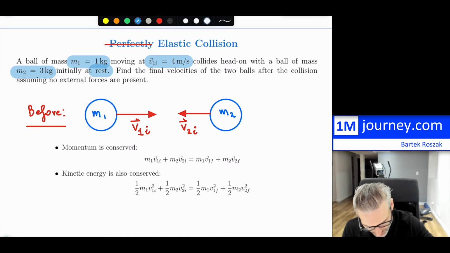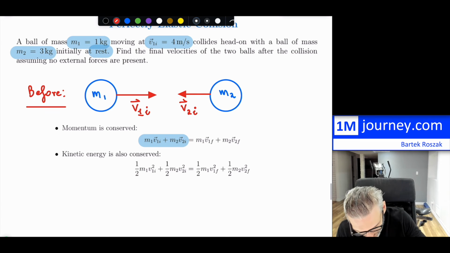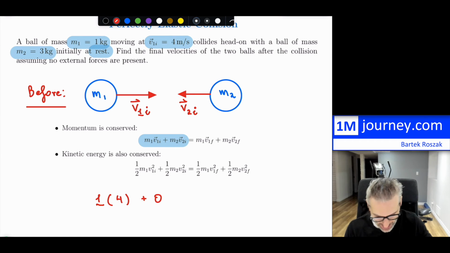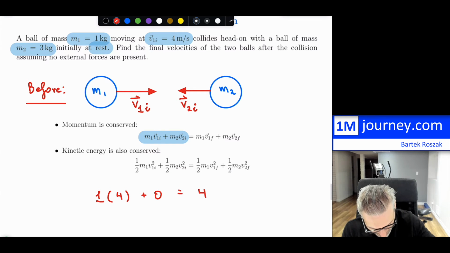All right, so for the momentum, we will have 1 multiplied by 4. The second one is 0, so this is plus 0. That is 4 kilogram meters per second.